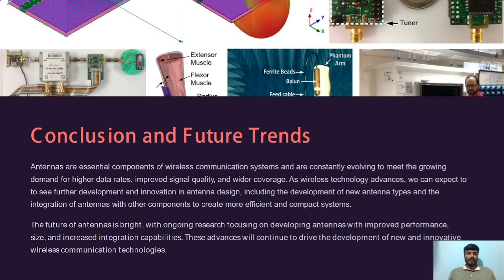The future of antennas is bright, with ongoing research focusing on developing antennas with improved performance, size, and increased integration capabilities. These advancements will continue to drive the development of new and innovative wireless communication technologies.